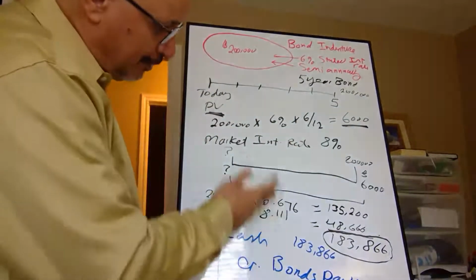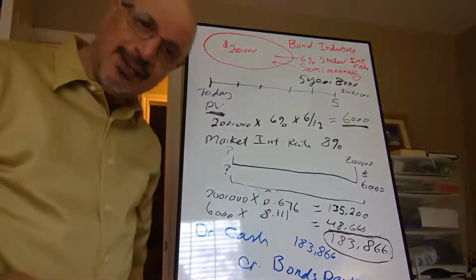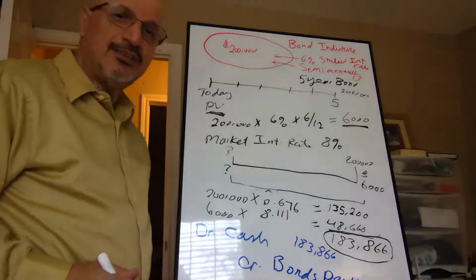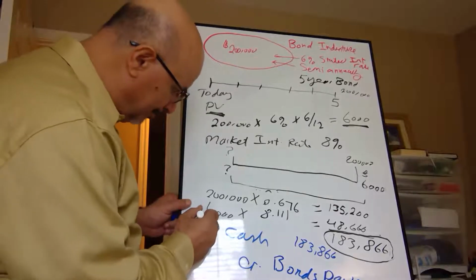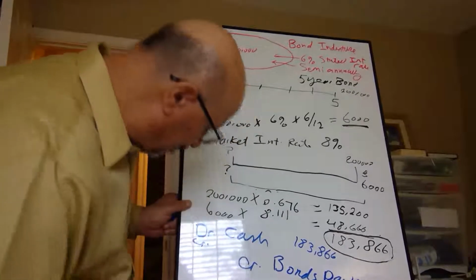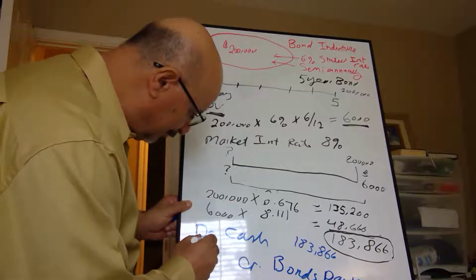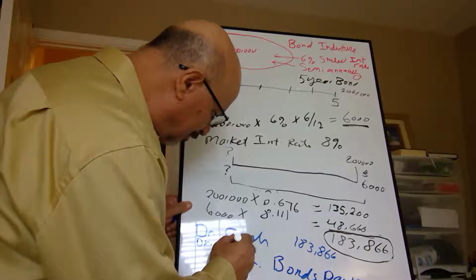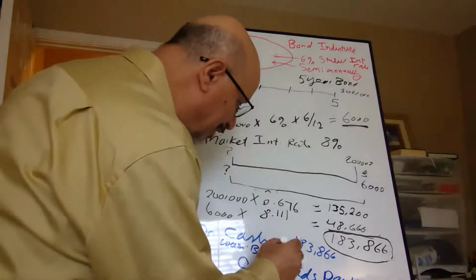Well, the credit is larger than the debit, so we're going to debit the difference, and we call it unamortized bond discount. We debit unamortized bond discount.